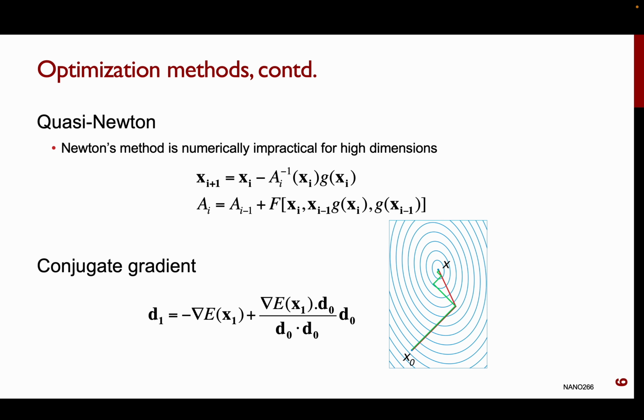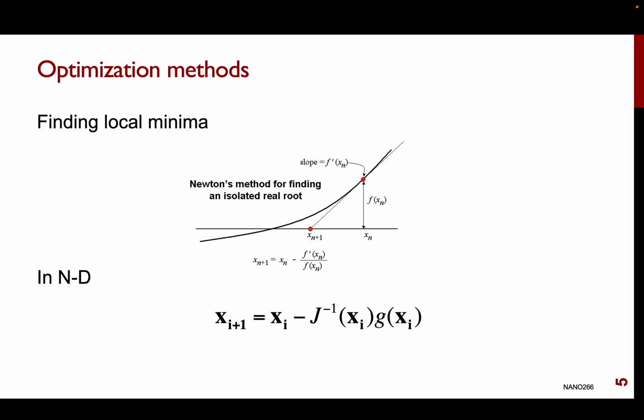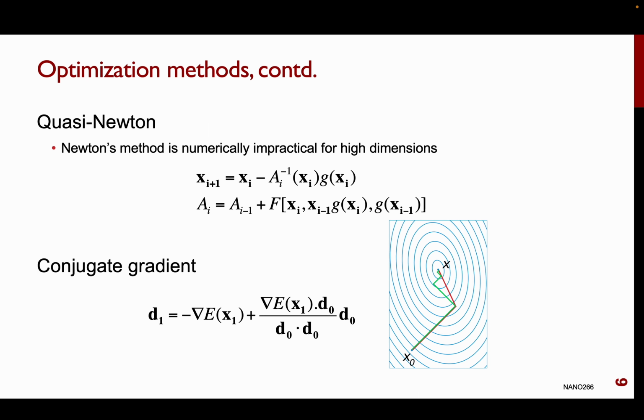In the conjugate gradient method, rather than just following the curve this way, you will actually go by the direction perpendicular to the direction of steepest descent. Okay, so starting from this guess, you will just go down the steepest descent to this point, and then you just keep doing this until you hit the minimum point, which is over here.